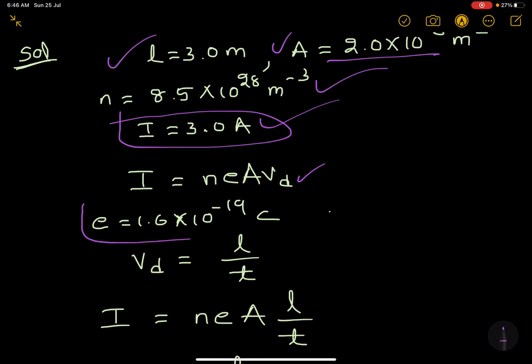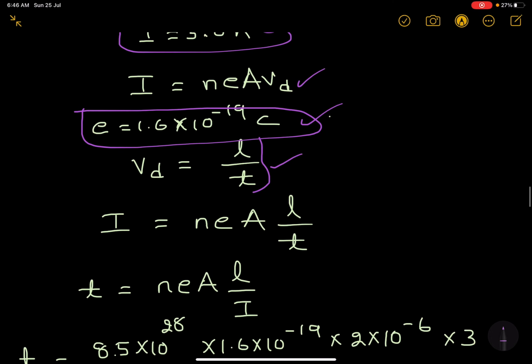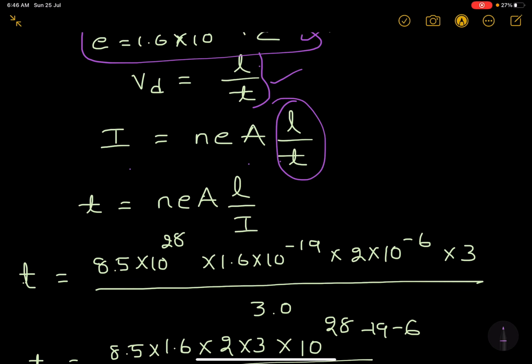Here e means electron charge, 1.6 × 10^-19 coulombs, and Vd means drift velocity. One more formula is there, that is Vd = L/t. So I substitute above: I = nAe × L/t, so t = nAeL/I.